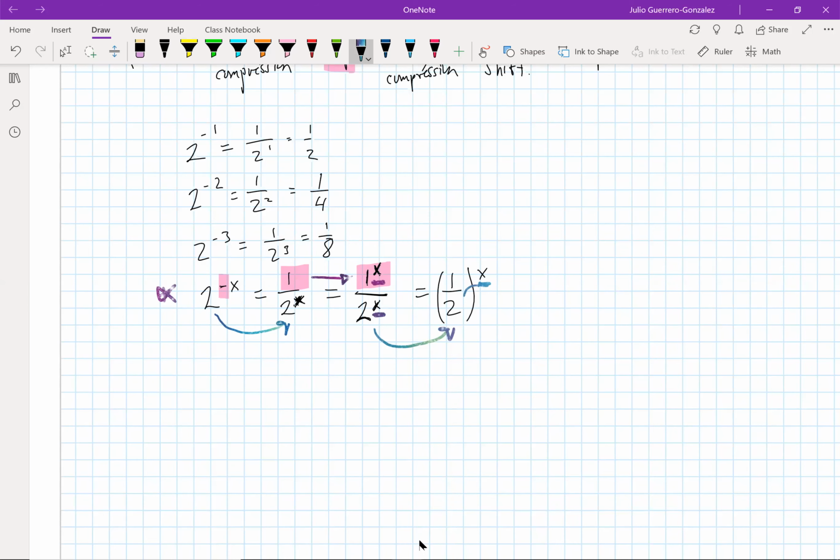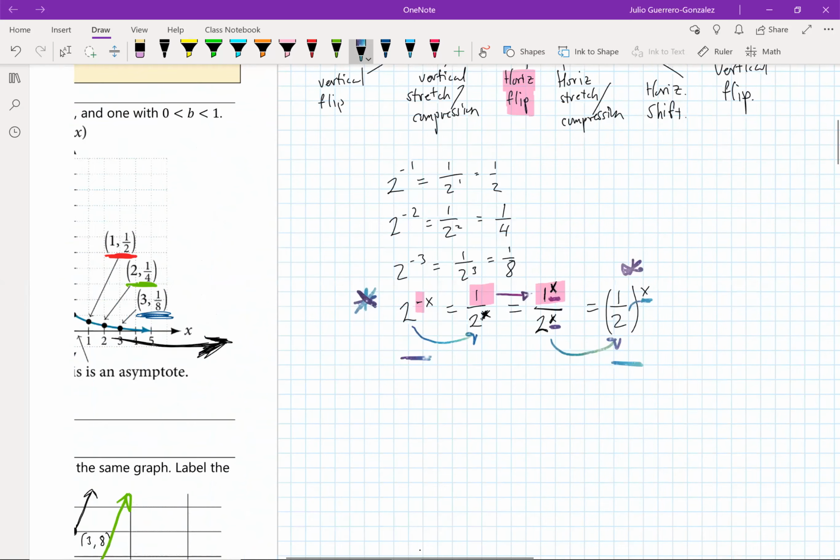But more importantly, that's just the manipulation of the numbers. Notice what happened between here and here. We now see that this graph, the 1 divided by 2 to the x, is the horizontal flip of 2 to the negative x.